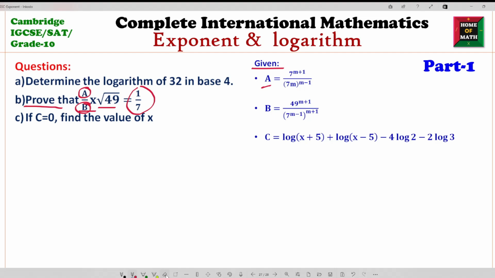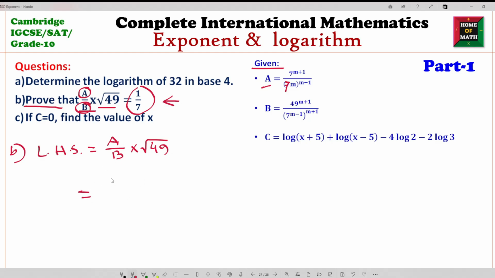So this one is 7 to the power m. Okay, so now the left hand side: a divided by b times root 49, and our target is to make 1 by 7.